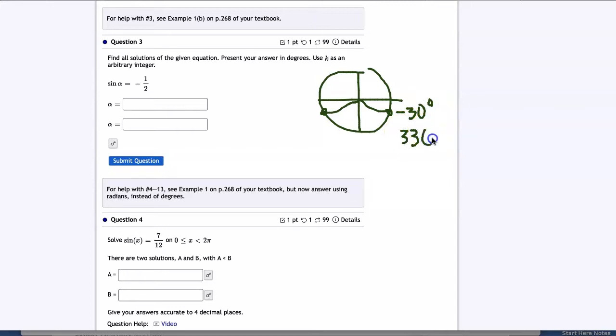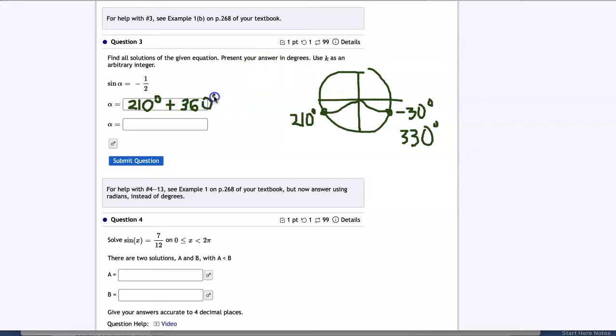You're going to be using multiples of 360 on top of that, okay? So of course this one over here is 210 degrees. These are unit circle values. If you want to use 210, it is a natural choice because it's between 0 and 360. And then we're going to add all multiples. We're still in degrees, so instead of 2 pi k, you need to add 360k.